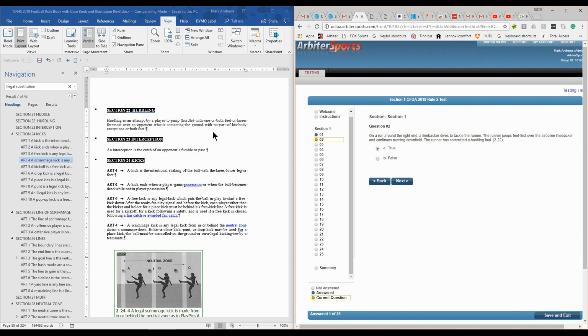Think of a track runner running hurdles, where the foot is out in front, foremost of the body, or both feet are foremost out in front of the body, like a long jumper. That is a hurdle. A dive, which is head first or hands and then head first over a player, is not a hurdle. So those feet have to be out in front of the body. That's the first requirement.